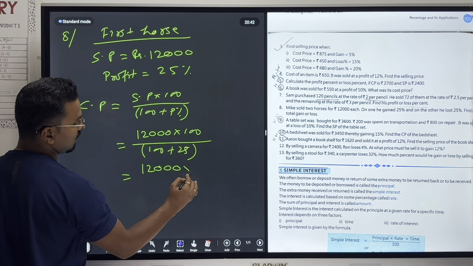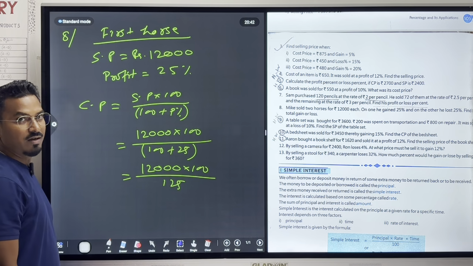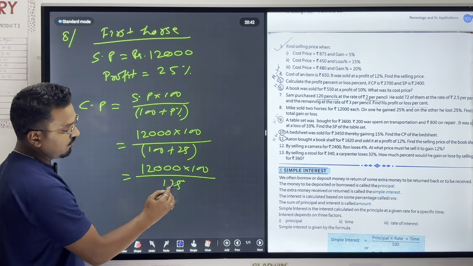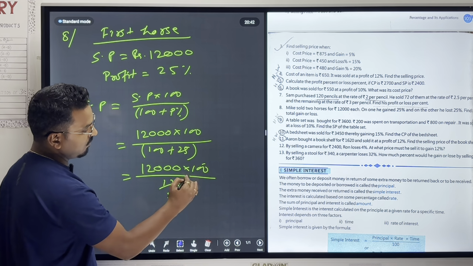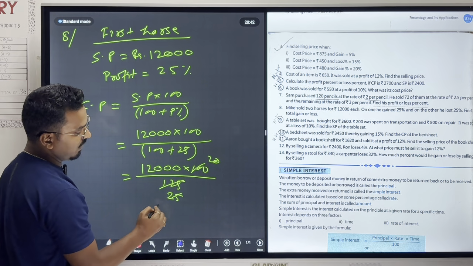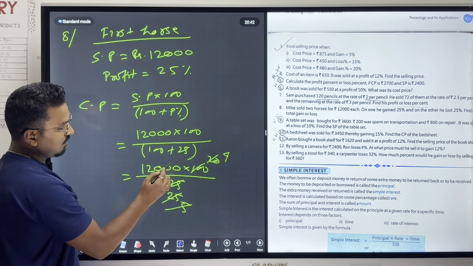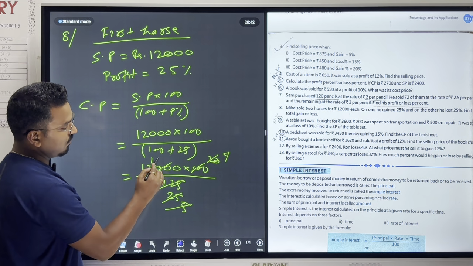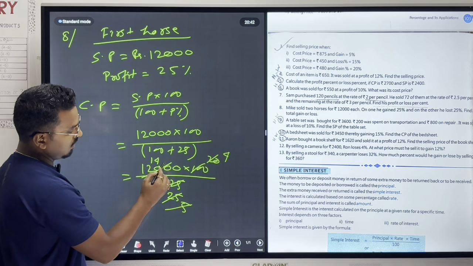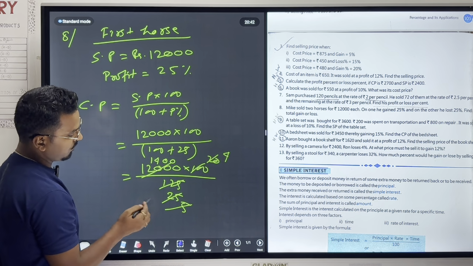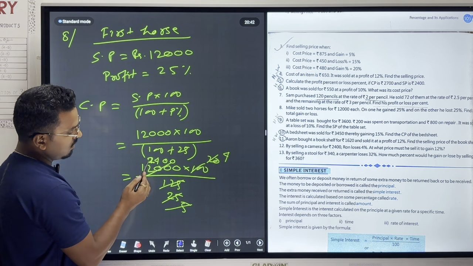12,000 multiplied by 100 divided by 125. So with what number can you cancel it? 5. You can cancel it. 5 how many times? 5 1s are 5, 5 4s are 20, and here 240. 5 2s are 10.